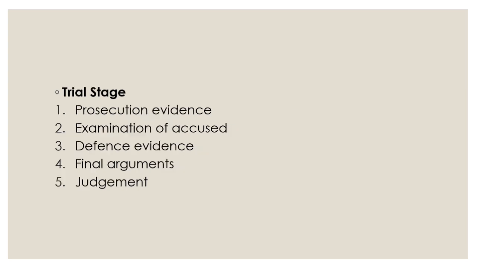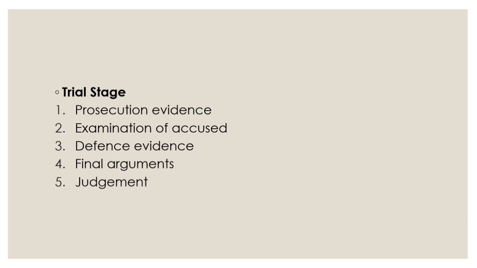The third stage is the trial stage. Under this, we have prosecution evidence, examination of the accused, defense evidence, final arguments, and judgment. Once the accused appears, the trial begins. First, the court frames charges against the accused.